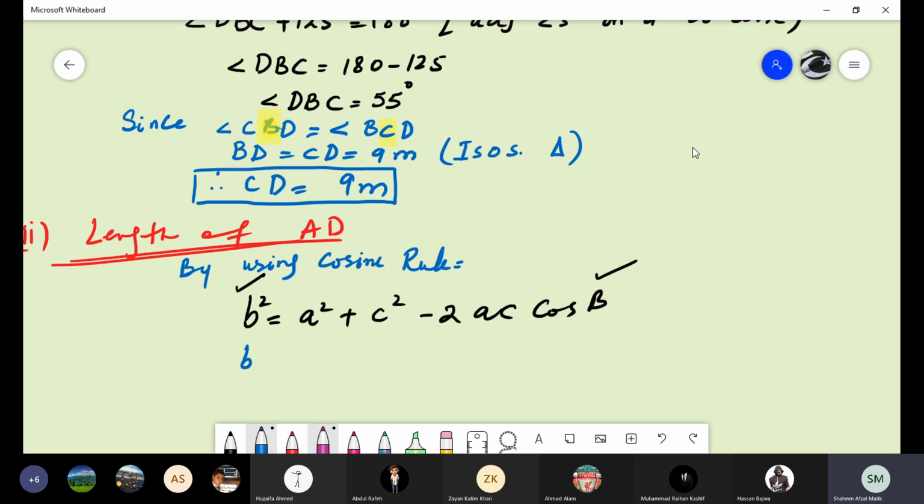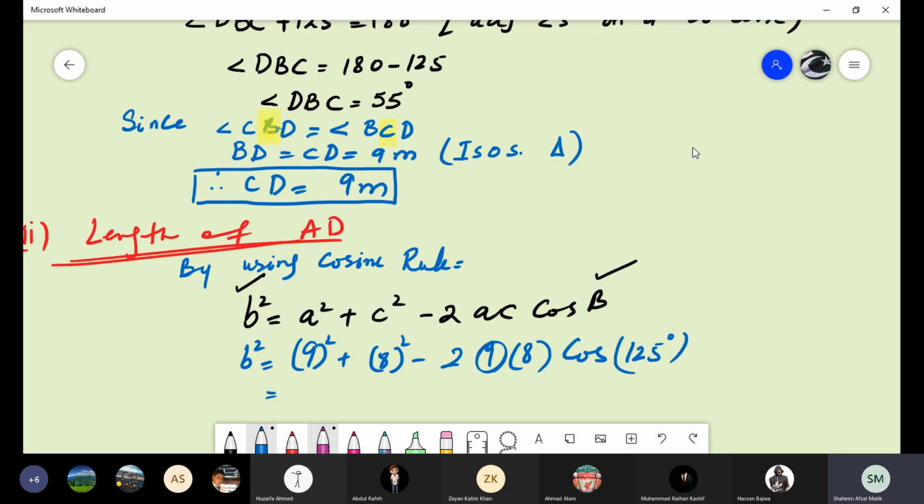Now substitute the values. B square is equal to, what is A square? A is 9, C is 8. Minus 2 times 9 times 8 times cos of 125 degrees.